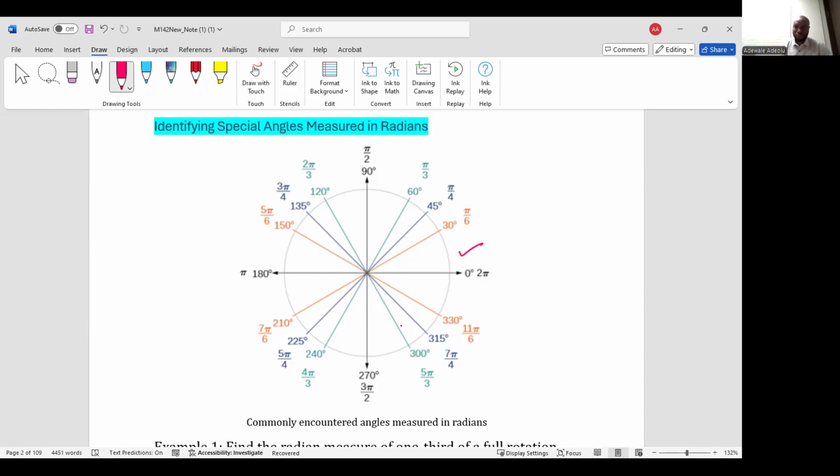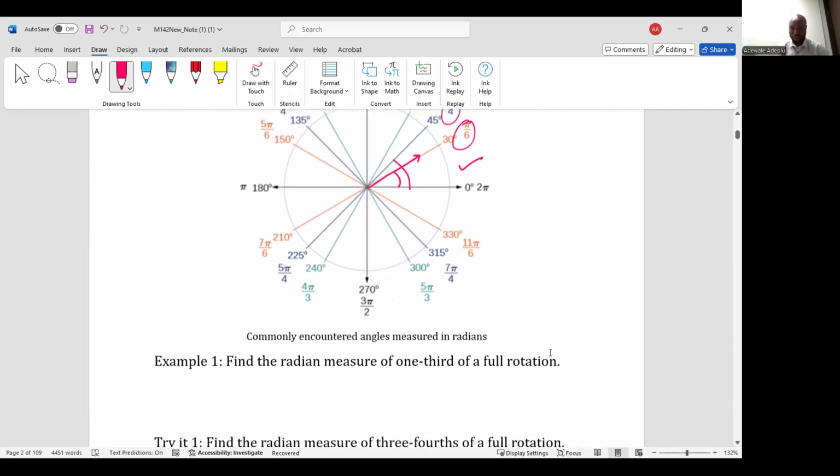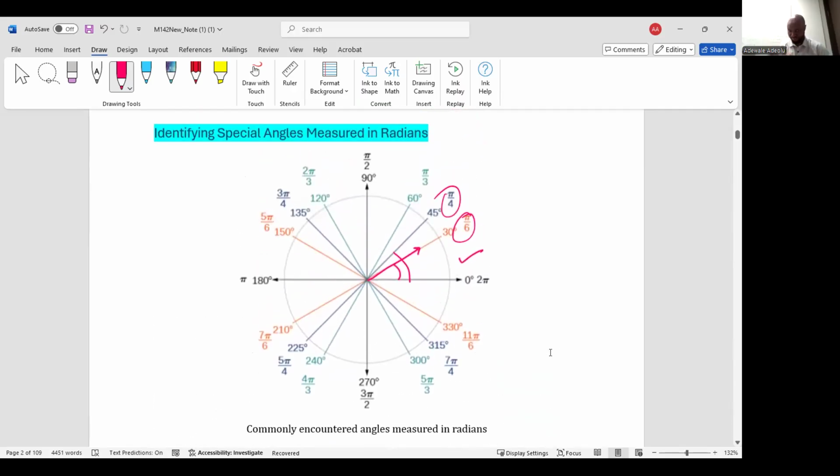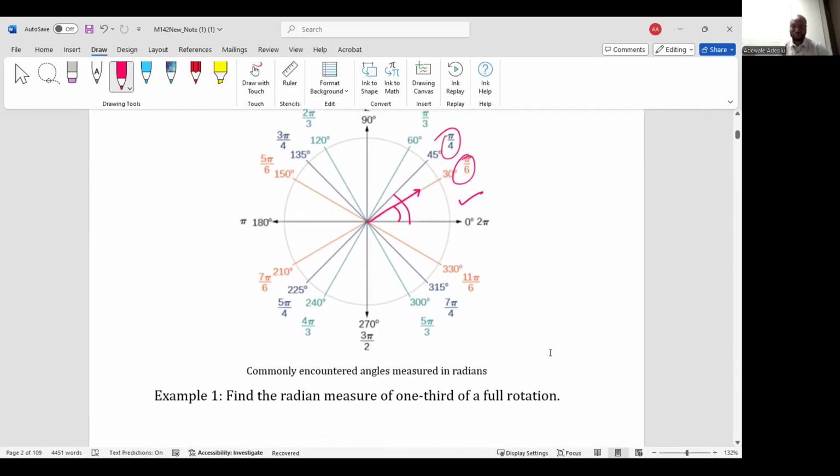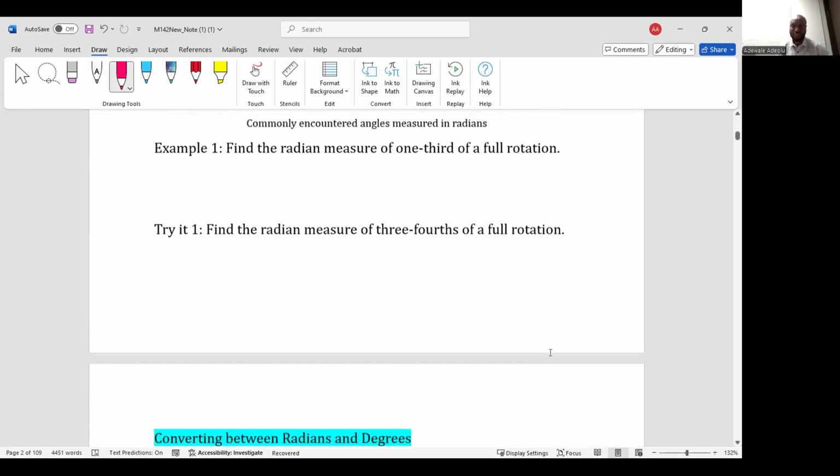So this is just showing you that when our angle is 30 degrees in the degree world, it is also pi over 6 in the radian world. When it is 45 degrees, it is pi over 4. How did we get this? We'll keep studying this as we go. Like I said, we will return to this kind of chart or circle. It is special in what we are going to be doing in this class.